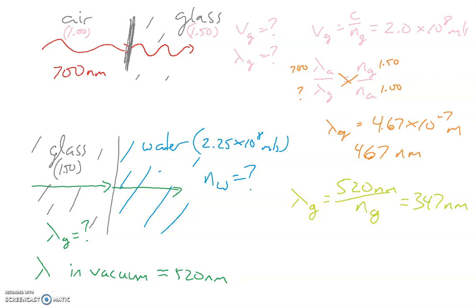All right, so now let's try and find the index for water. Well, for the index for water, we have the speed, so that makes things easier. We take the speed of light in a vacuum and divide it by the speed of light in water, which is 2.25 times 10 to the 8, and you will typically get around 1.33 or so for the index of water.